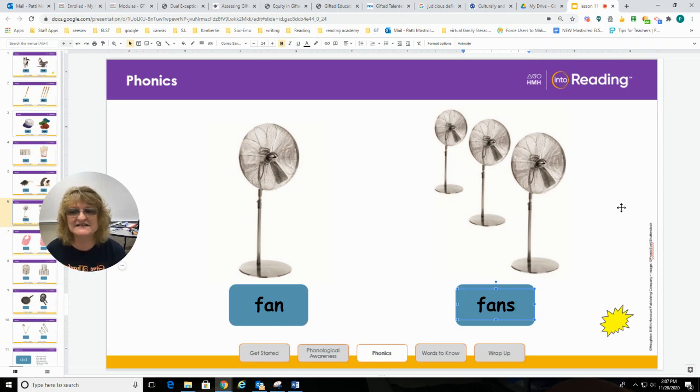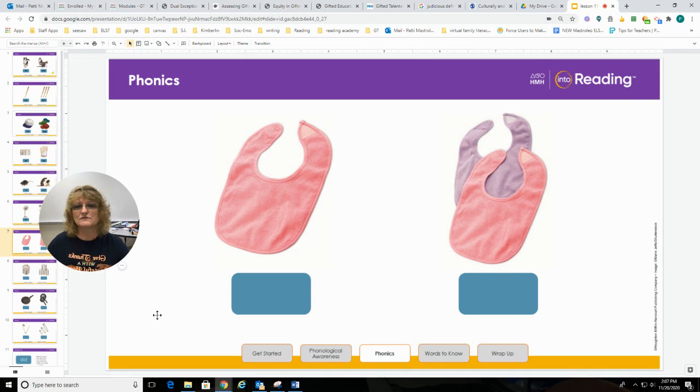I say fanz. I have a little bit of a Z sound. Fans. So it's a little different. You'll see it on some words and you'll start hearing it when other people do it, and you probably do it and don't even realize it. So you're writing an S, but sometimes we pronounce it just a little different.